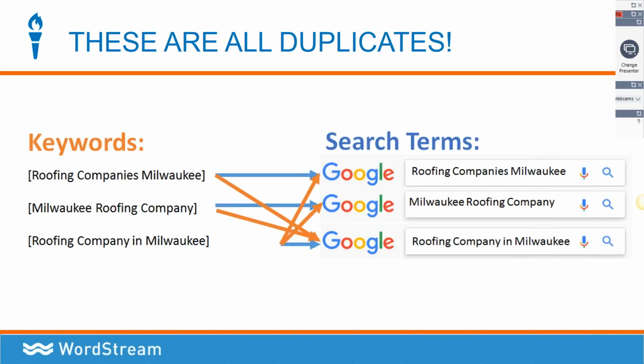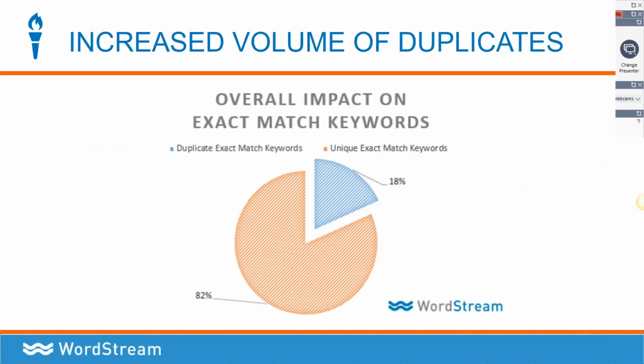Cool. So what does this all mean? This means that all of these keywords that historically had been three distinct keywords, like roofing companies Milwaukee, Milwaukee roofing company, and roofing company in Milwaukee, are now all duplicates. They all match to the same query. What this change led to is that accounts now have a higher number of duplicate keywords.